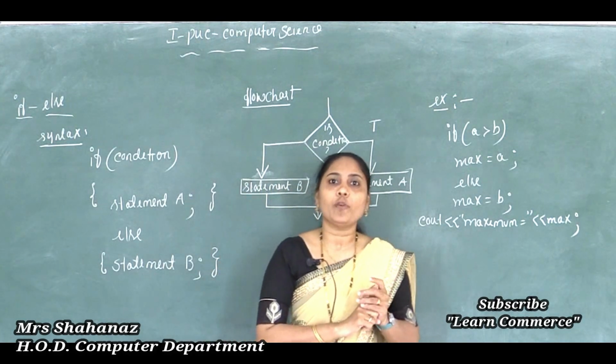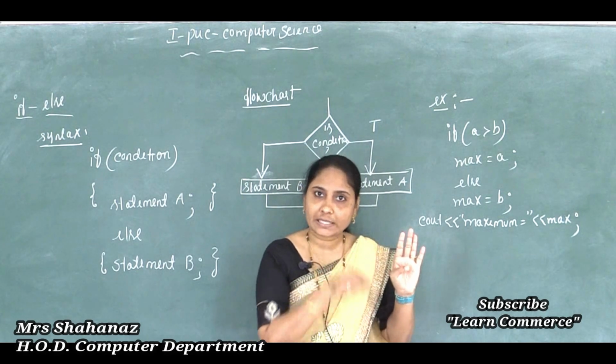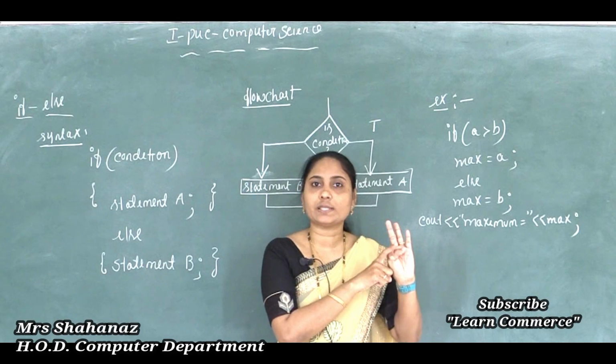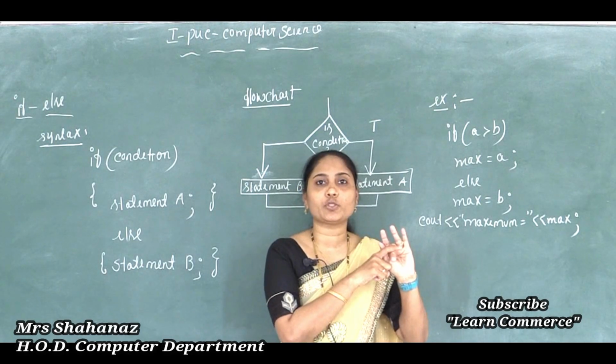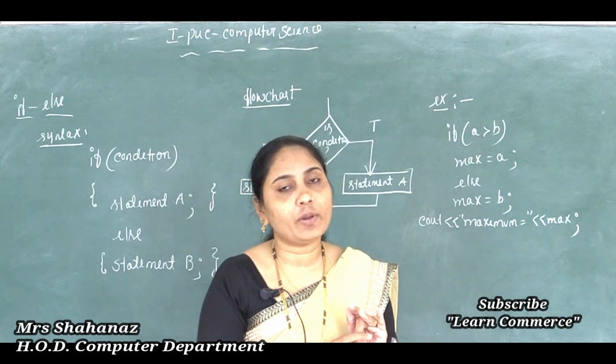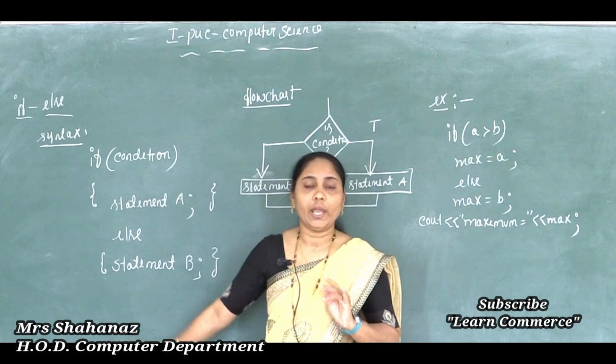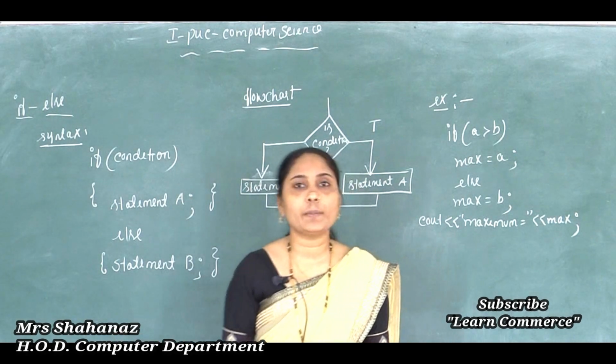And we know that 4 divisions are there. Simple if we already completed in this class, the second one is the if else, third one is the if else if, that is called the else if ladder, and fourth one is called the switch statement.